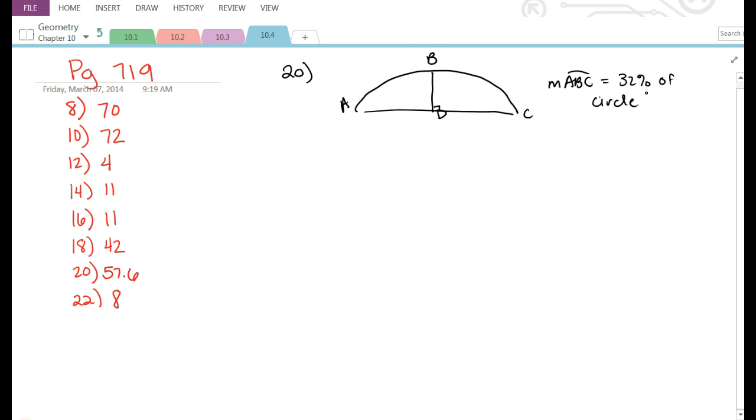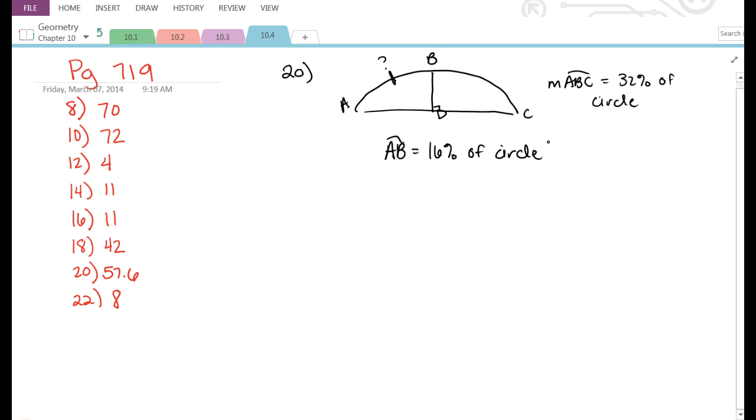So, I want to figure out this length then. Well, that's half of 32%. So, AB is 16% of the circle.